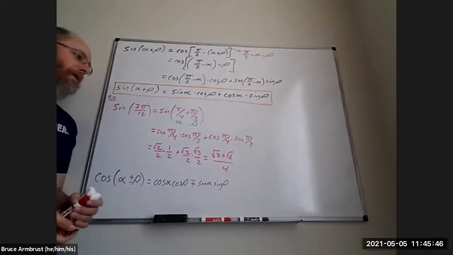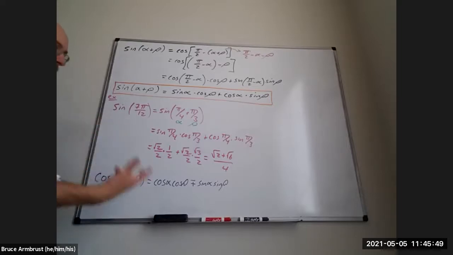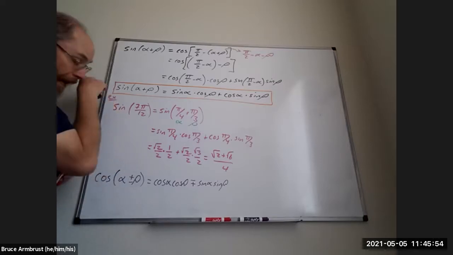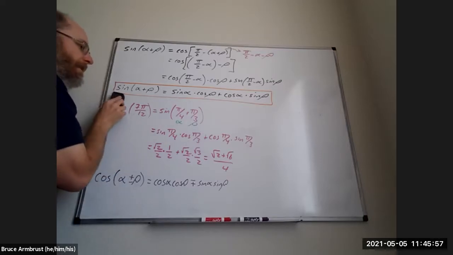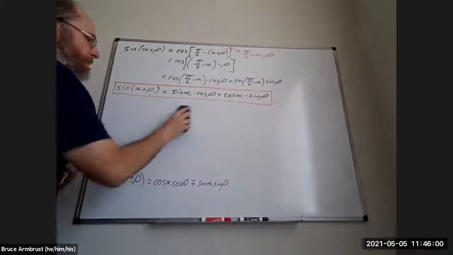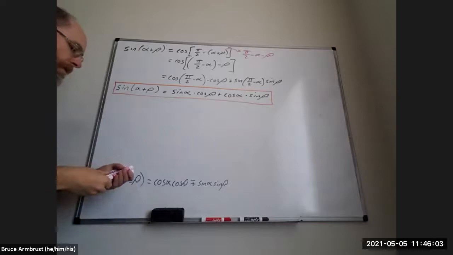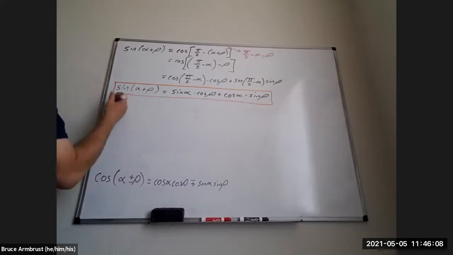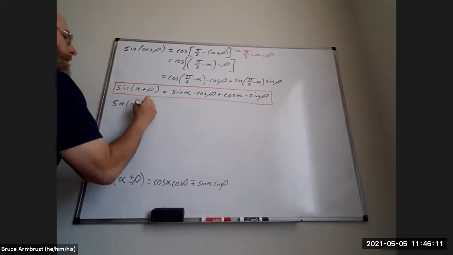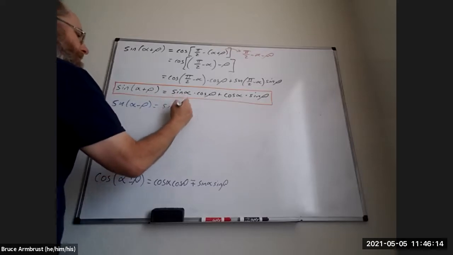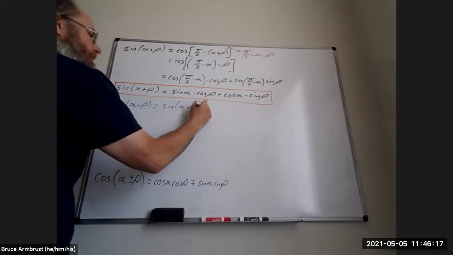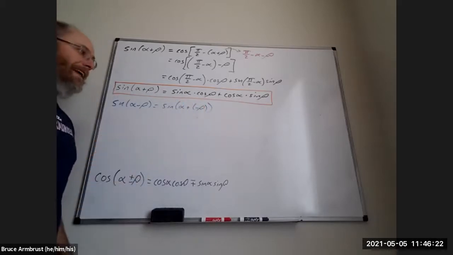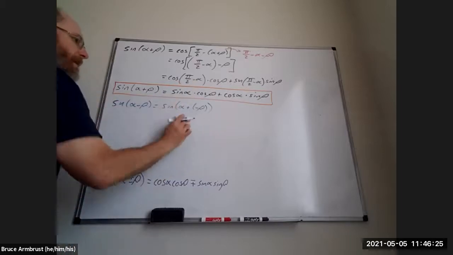Well, sine of alpha minus beta is going to be done exactly the same way we did cosine, where we did the subtracting-the-negative kind of thing. So to build this, if we want sine of alpha minus beta, we're going to start by recognizing that it's the sine of alpha plus negative beta, because subtracting is the same as adding a negative. And now we use this identity.